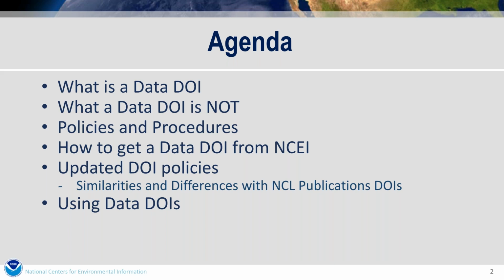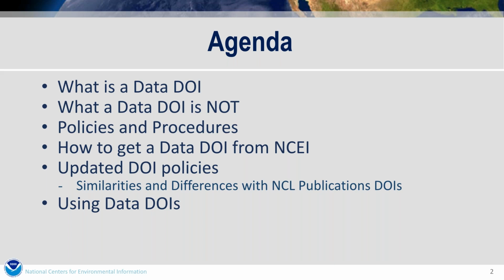So here's the agenda that we're going to be talking about today, and a lot of my slides are very similar to what Jenn had last month, so hopefully this will reinforce some of the basic underpinnings of both the publication and data DOIs.